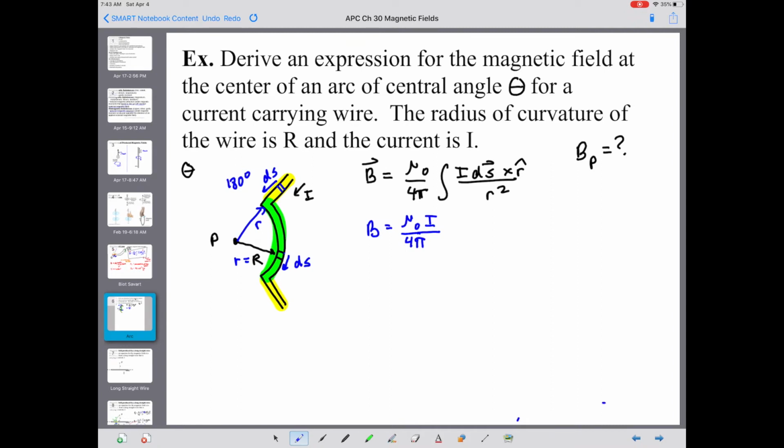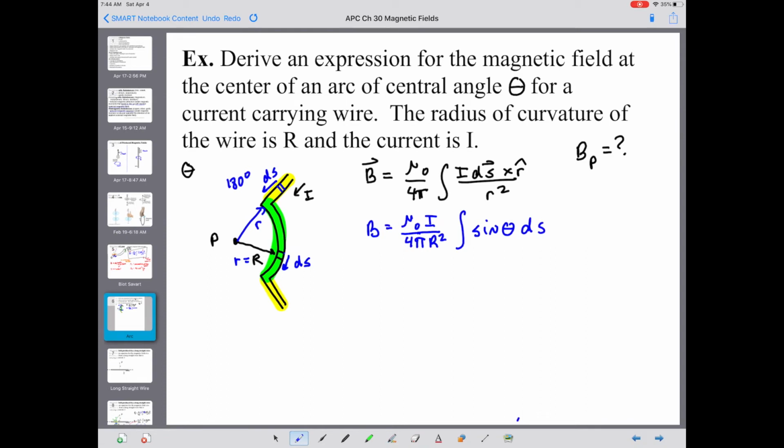So on that section, R is also constant, so I'm going to pull R out, and write it as the constant, capital R squared. So then what's left in the integral, the ds cross r unit vector, the r unit vector is going to go away because it's only a 1. So then all I have is just sine of theta ds.